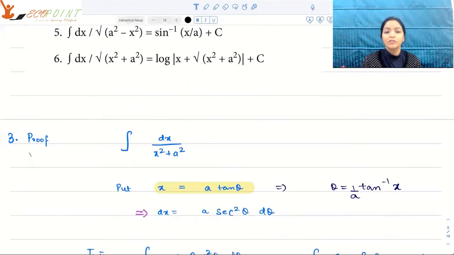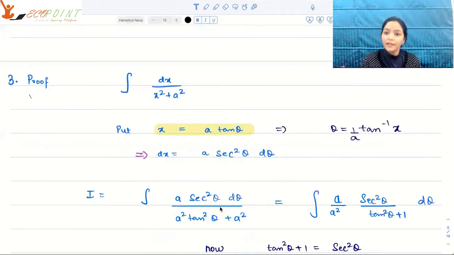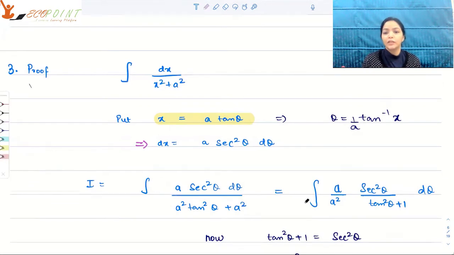Now just substitute. Your integral I turns into a times secant square theta d theta upon a square tan square theta plus a square. If you take a square common, the a cancels with a square, giving 1 upon a times secant square theta upon tan square theta plus 1.